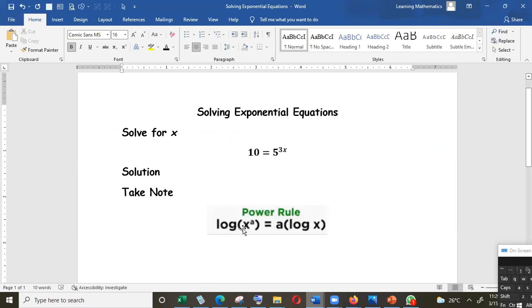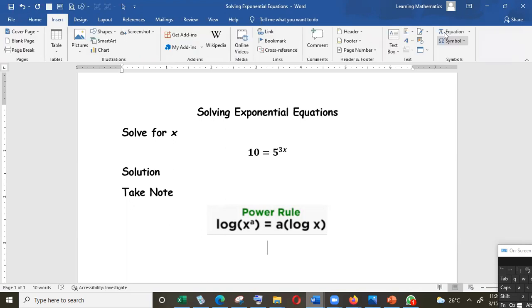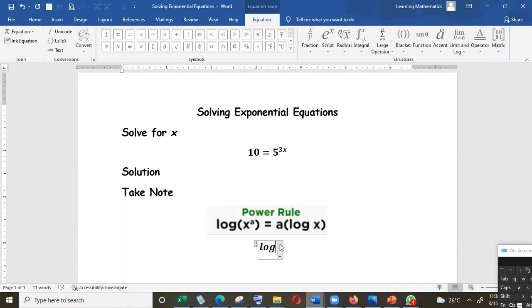So logarithm in a particular base, the base here is not written. Okay, if a base is not written, it's 10. So really and truly, this is supposed to be written as a logarithm in a particular base of a letter raised up to a power.